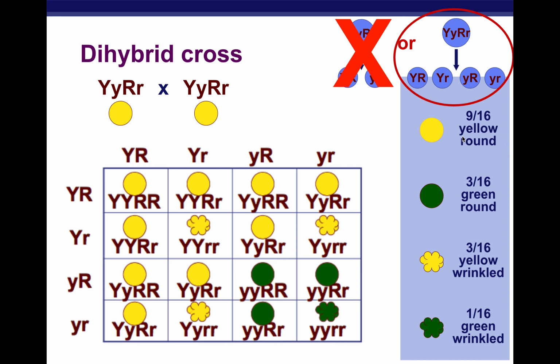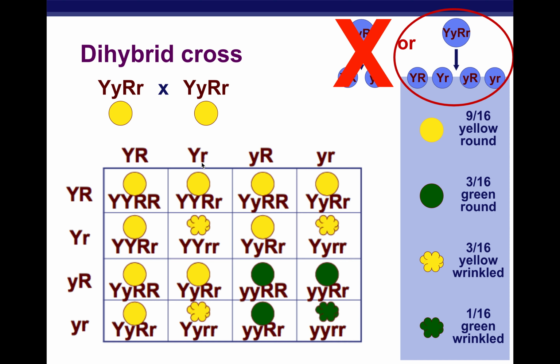It matched the ratios that he was getting experimentally with this model, which means that when a parent makes a gamete and passes on one of their two copies of the allele to the child, if they pass on a yellow allele, that does not affect the chances that they pass on a round or a wrinkled allele to that gamete.